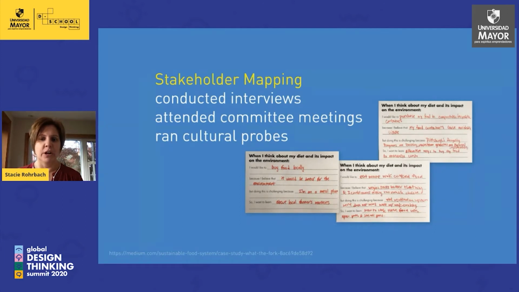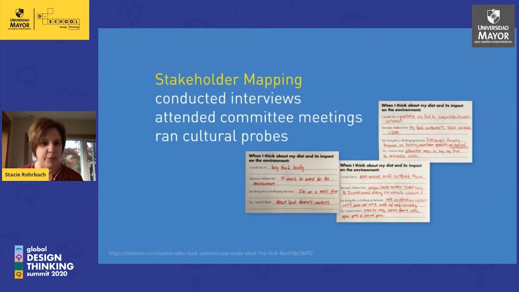This activity is particularly effective when conducted collaboratively by representatives of all stakeholder groups. However, given logistical challenges, the team conducted interviews, attended committee meetings, and ran cultural probes in dormitories with members of stakeholder groups to gather information and aid the visualization of their findings, which helped them identify patterns.